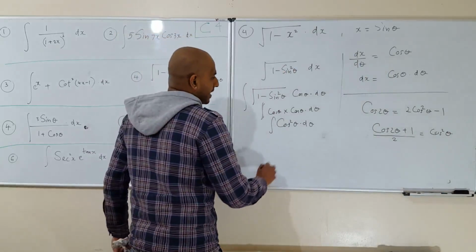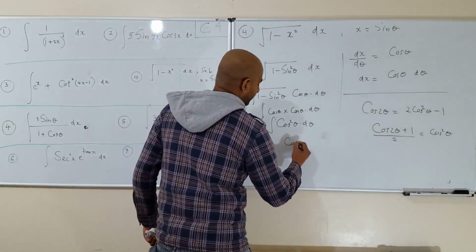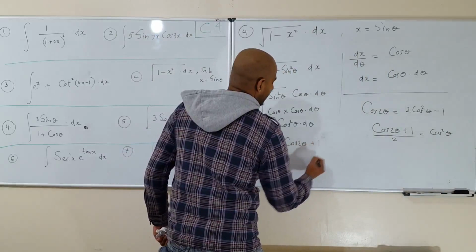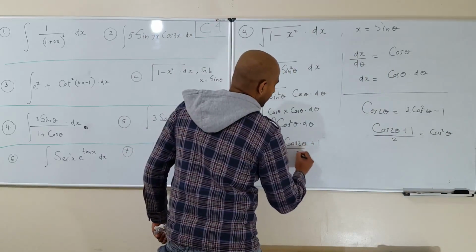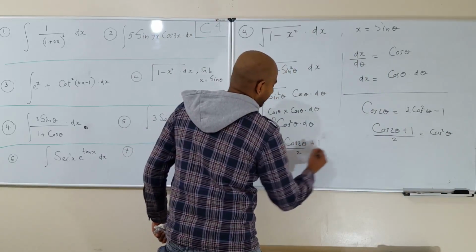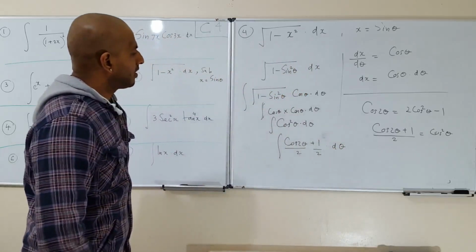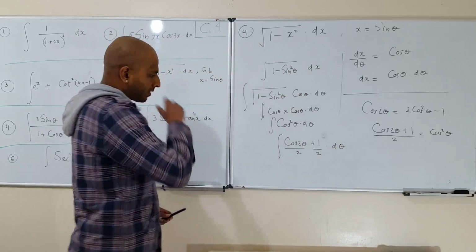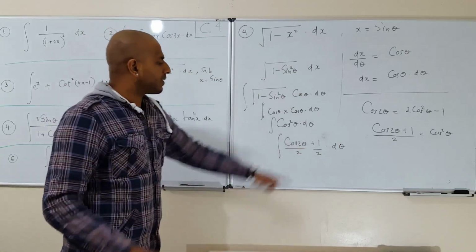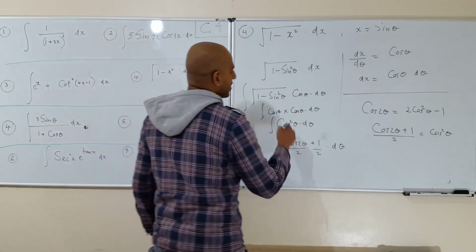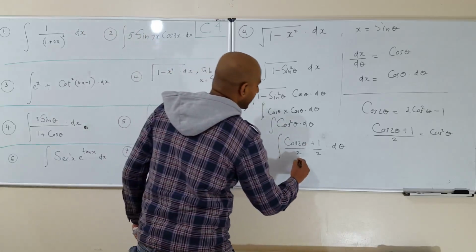What I'm going to get then, (cos 2 theta plus 1) divided by 2, means I can separate the 2's. So now I can integrate each one easily. Cos 2 theta divided by 2 can be integrated to give sin 2 theta.